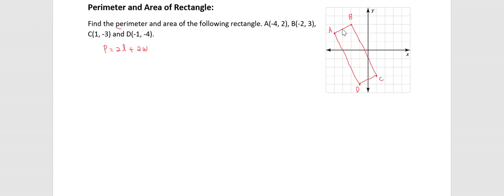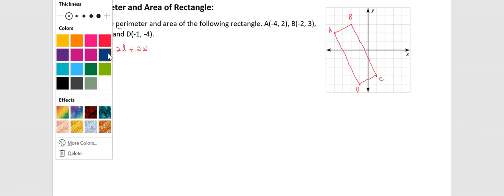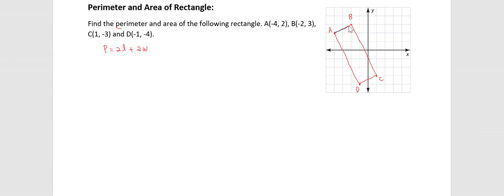So we can use line segment AB and line segment BC as the two sides that we need.